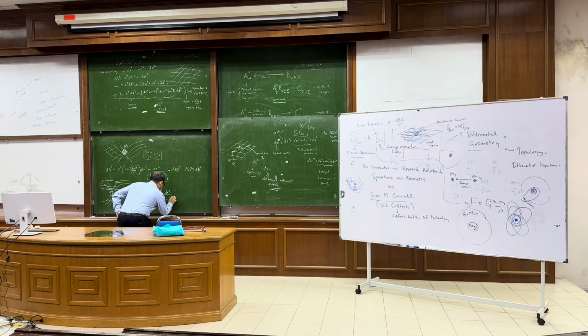You don't need to worry about it, just look at the math. There is a function b, a function of r, divided by r. This function is called the shape function, and this is r squared, the same thing. So this is the wormhole space-time metric.